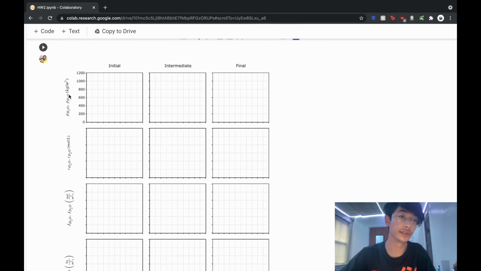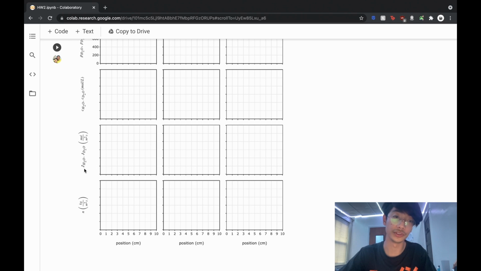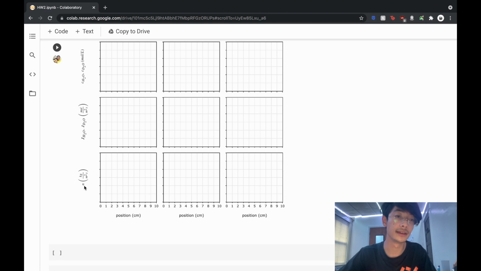The first thing we need to plot is the mass concentration of water and deuterated water. The second one would be the molar concentration of H2O and D2O. And then we have the molar diffusion flux of H2O and D2O. And finally, we have the average overall mass flux of the whole system.